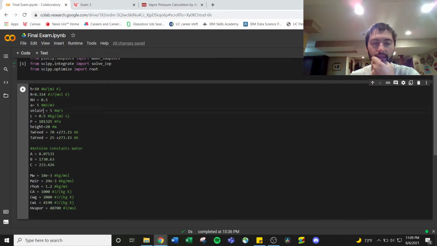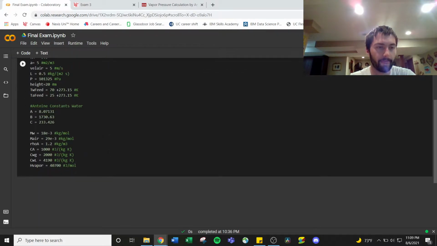Next, I looked at the Antoine constants for liquid water, and we're going to need this to calculate vapor pressures of water at a given temperature, which I'm going to do in a second. Add that up here, actually.